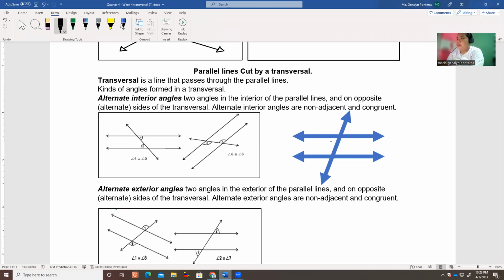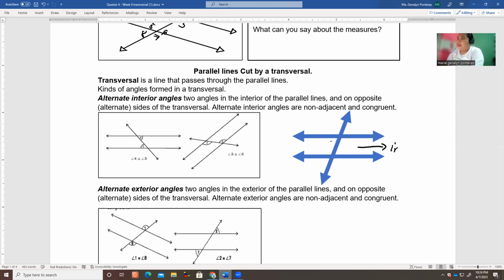So the interior, yung area na bounded by two lines, this is the interior. And the area outside the parallel line, this is the exterior. Nasa labas ng parallel line, exterior yan.